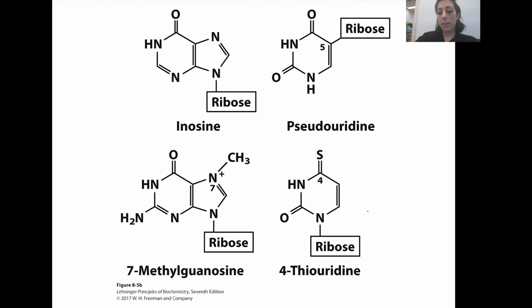But again, these are similar small modifications. You can see thiouridine. This uses a sulfur. So it looks like uridine, but with a sulfur group on it. And 7-methylguanosine. This is a guanosine that actually has a methyl group on the 7th position and very uniquely has a charge on it, which you'll see none of these other nitrogenous bases are charged.